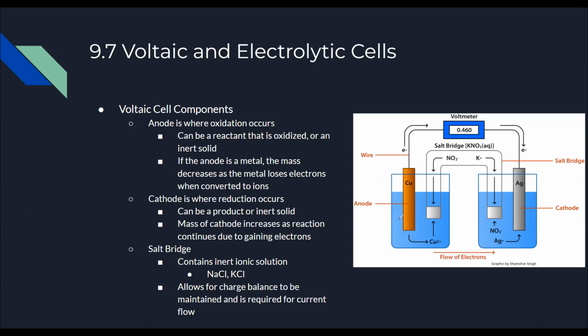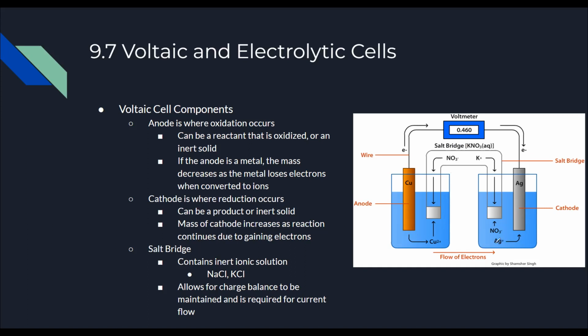So over here, it's being oxidized. The copper metal is losing electrons and turning into Cu2+. That Cu2+ goes to the salt bridge, and it meets up with the NO3-. The electrons from here go to the voltmeter where they get measured, and then they go to the Ag+ and to the Ag.